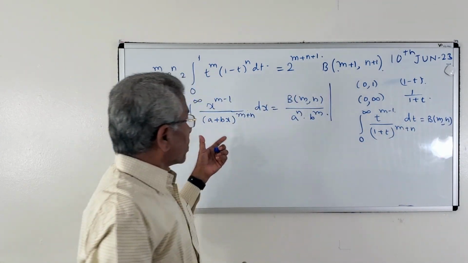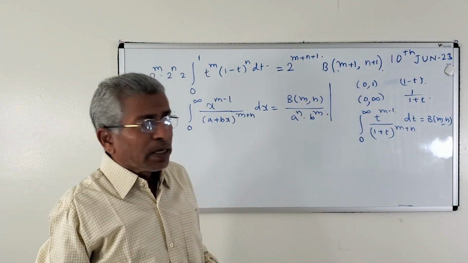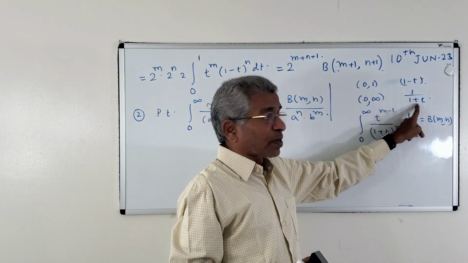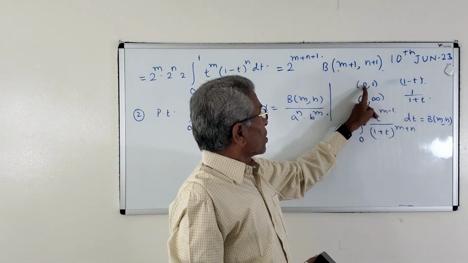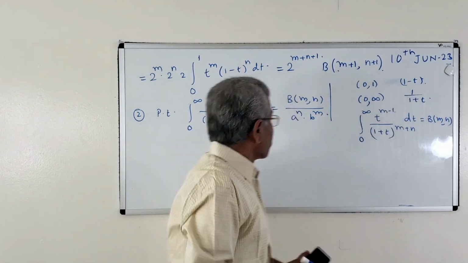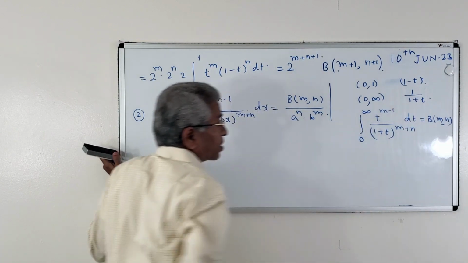For this example, we are going to use this definition and you just compare the factors. Whenever limits are 0 and infinity, the denominator must be 1 plus t. And when the limits are 0 and 1, one of the factors is 1 minus t in the numerator. Now, just see this one, a plus bx is identical with 1 plus t.